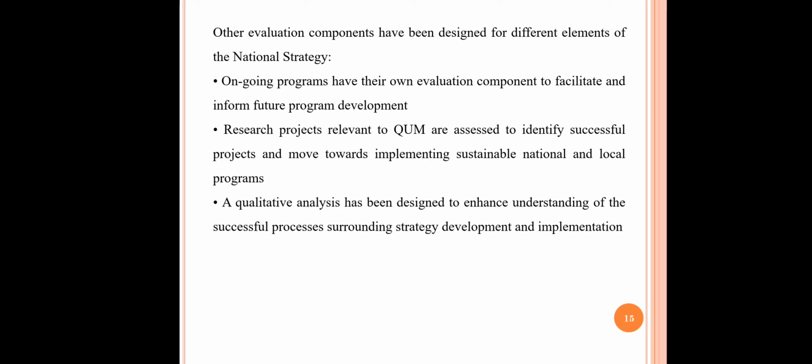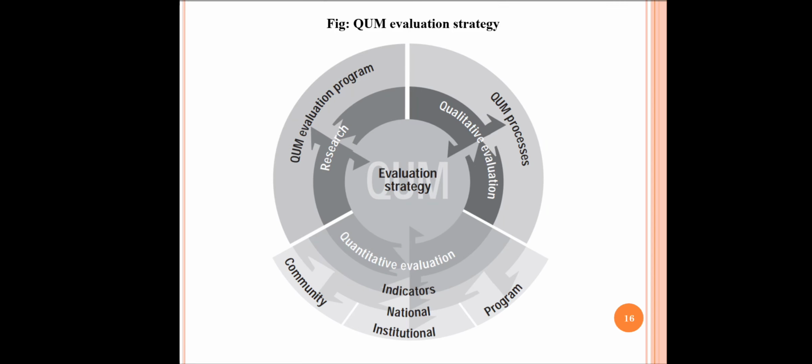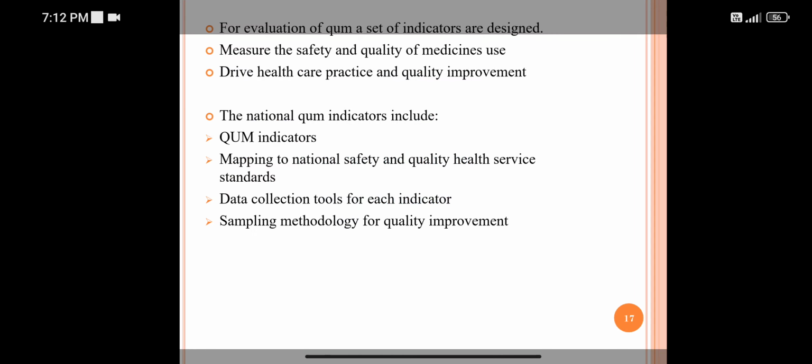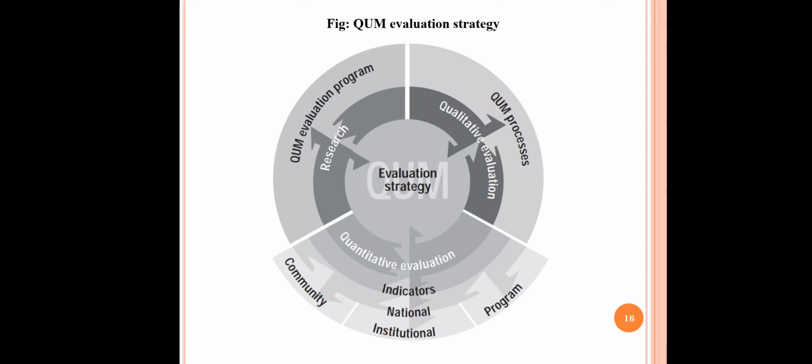A qualitative analysis has been designed to enhance understanding of the successful processes around the strategy's development and implementation. Then evaluation research, qualitative evaluations, community indicators, national institutional program, QUM process, then QUM evaluation process.